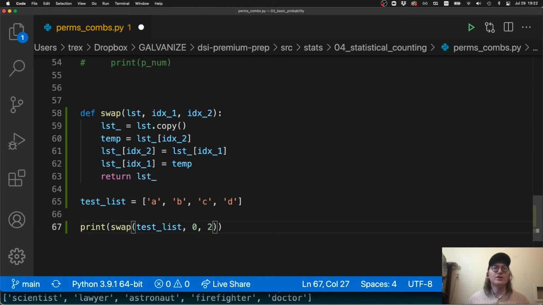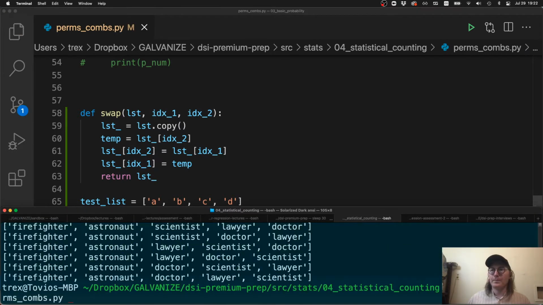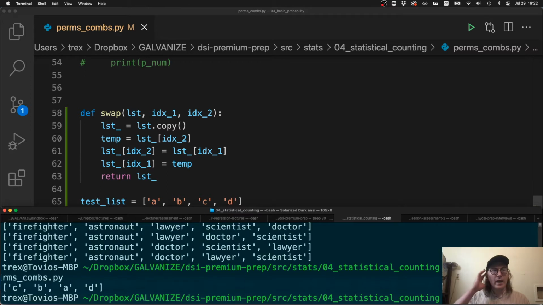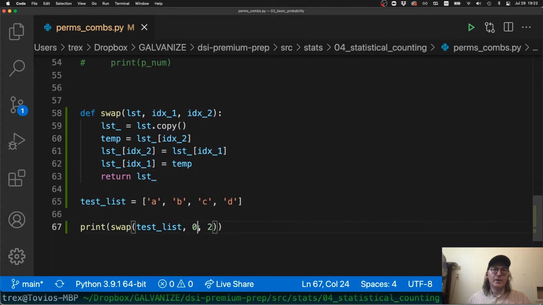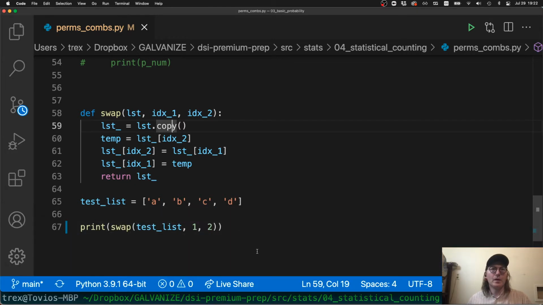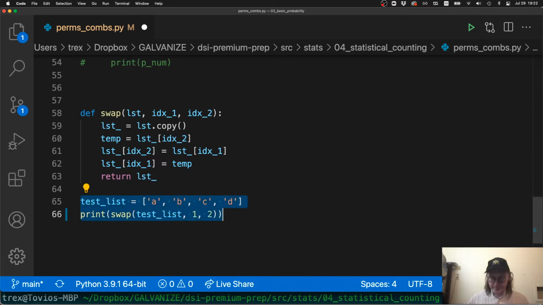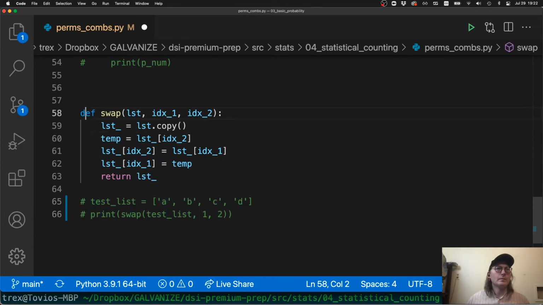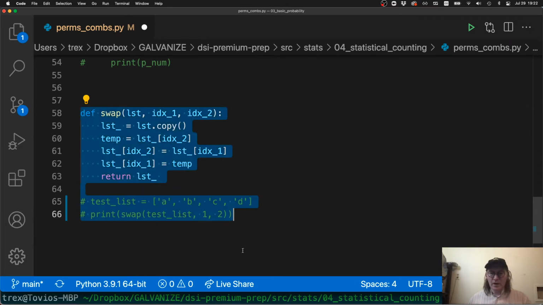So we should see the A and the C swapped when this is run. And it is CBAD, right? Pretty straightforward, I think. If I did 1 and 2, we'd get ACBD. And we do. So that's our starting point. I'll go ahead and put that in the Slack.